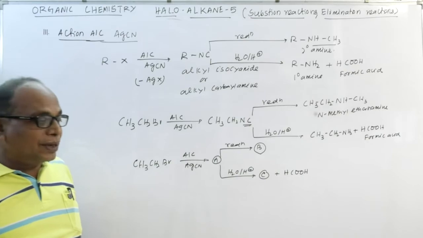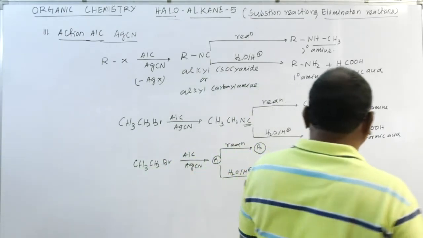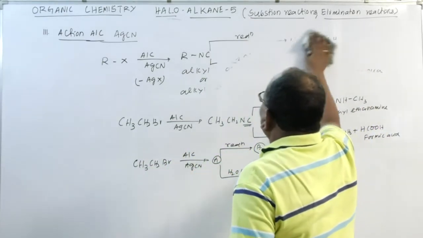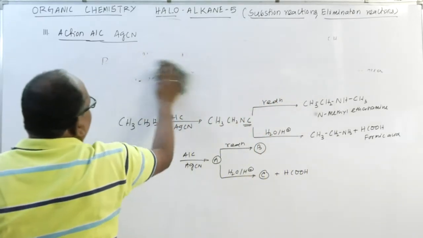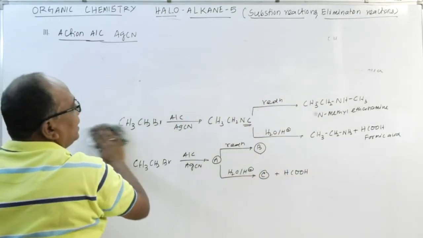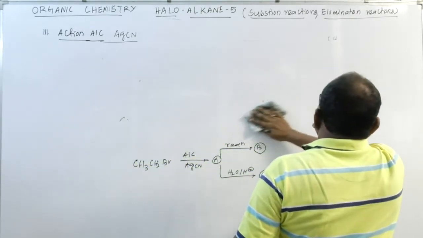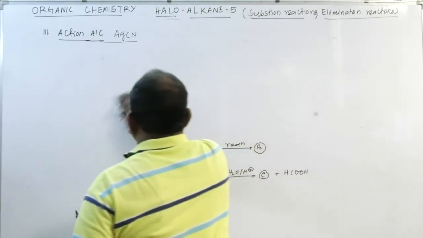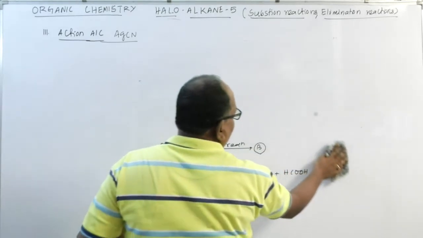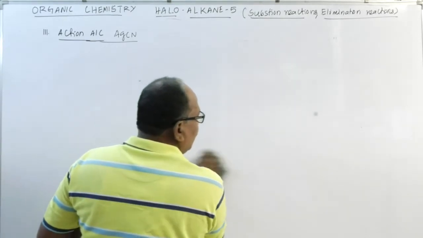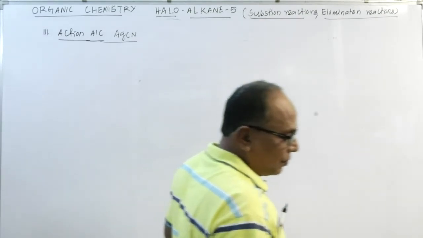Okay, students. Now the question is: the alkyl halide reacts with potassium cyanide and with AgCN, so why do they give two different products? What is the reason?